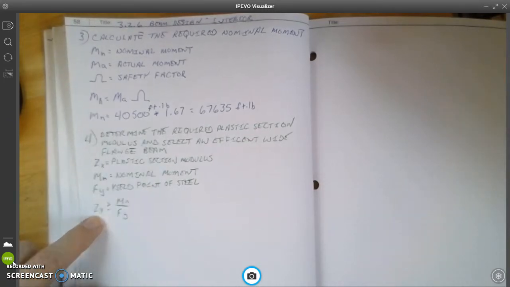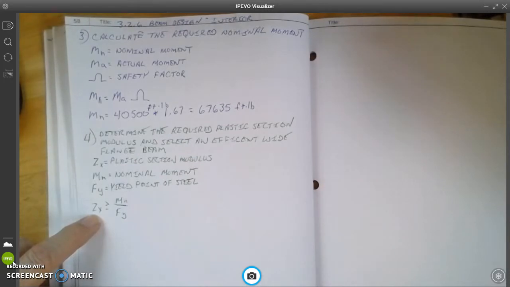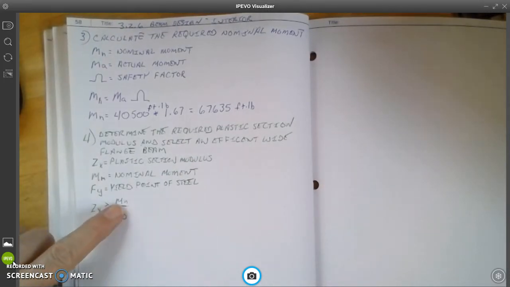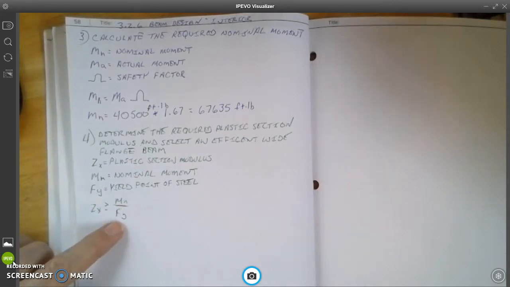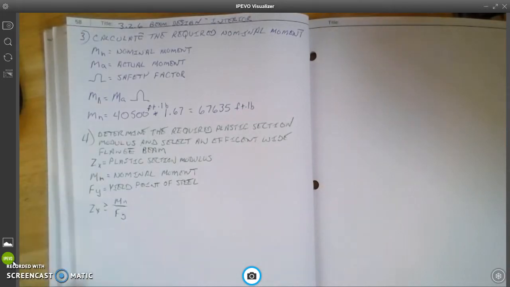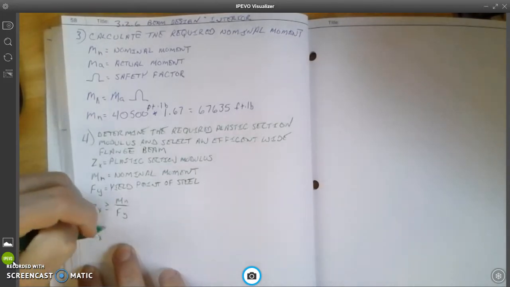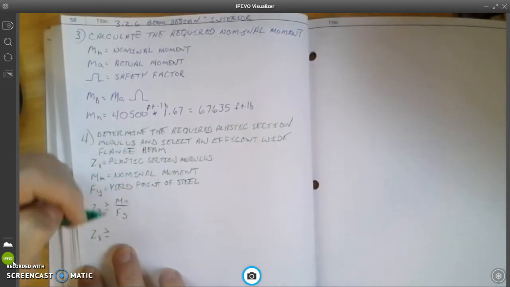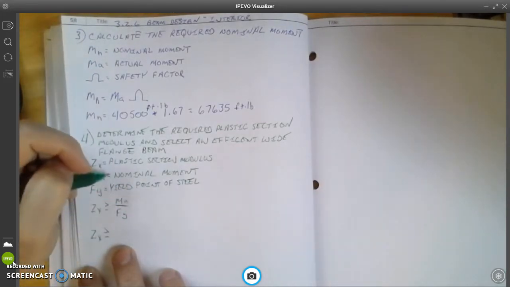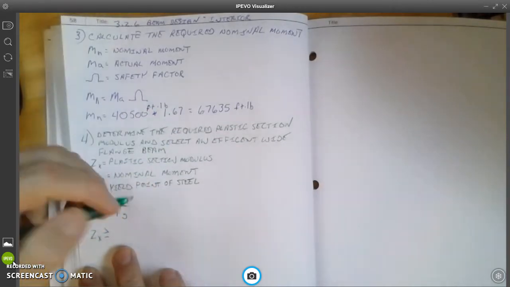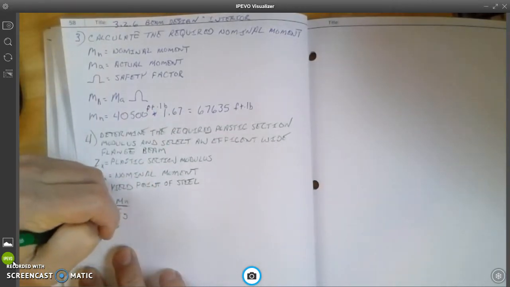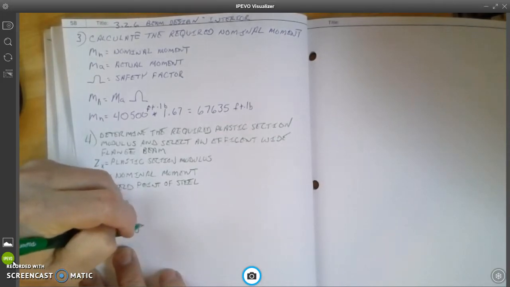So here is the formula we're going to use to do this calculation. It's Z sub x is greater than or equal to the nominal moment divided by the yield point of steel. So I'm going to take and start to fill in this little problem. So my Zx has to be greater than or equal to the yield, sorry, not the yield point, the nominal moment, which is 67,635 foot-pounds.